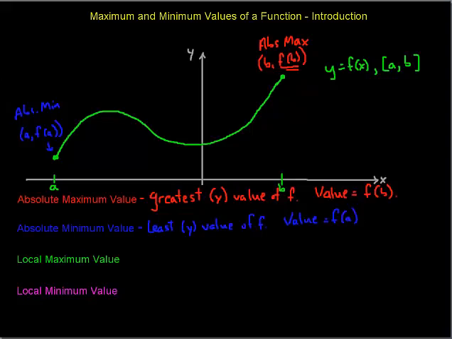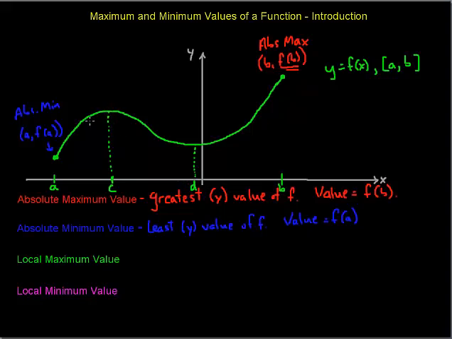Now we'll turn our attention to the local max and the local min. In order to do that, it helps if you notice that there's a round hill at one point, we'll call that c, and there is a round valley at d.